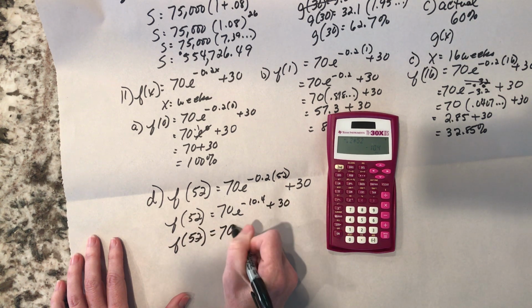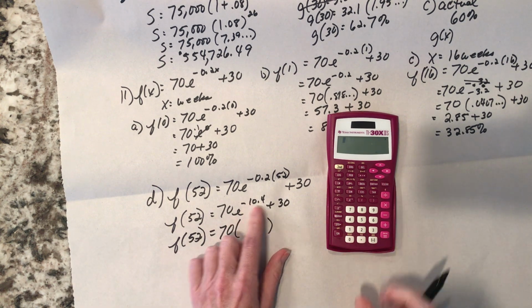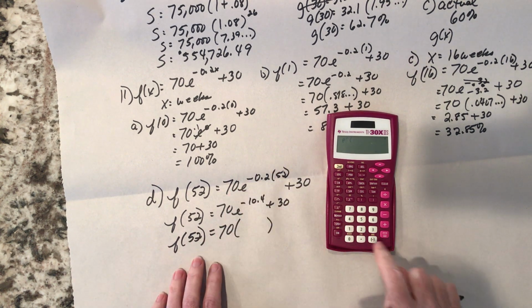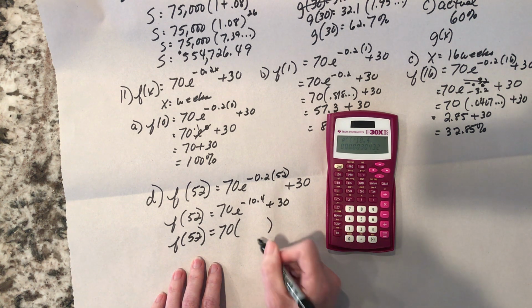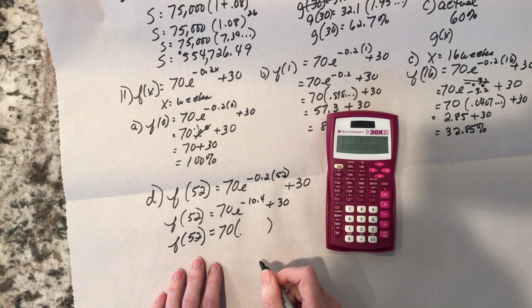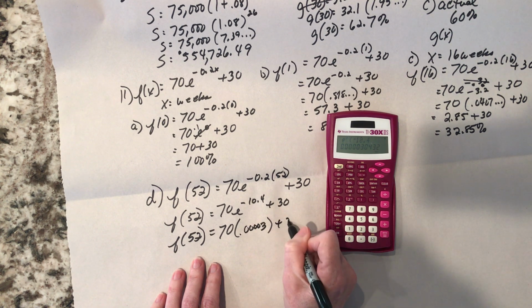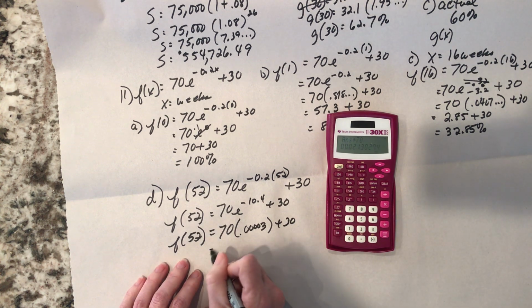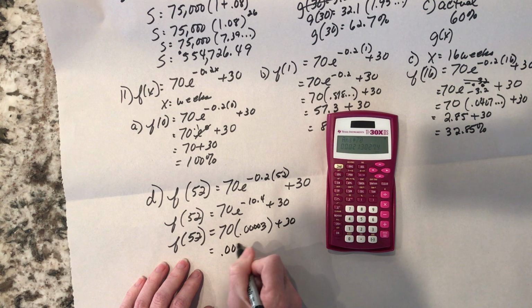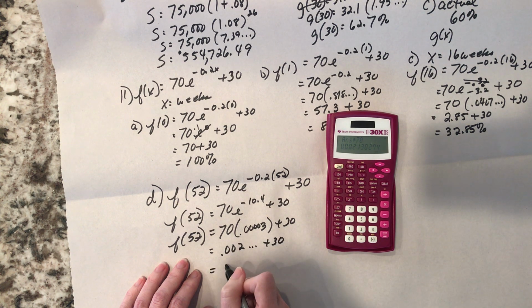So we're going to go e to the negative 10.4. Oh, decimal point, 4 zeros. Multiply that times 70. It gives us 2 decimals, plus 30. Add those together and you get barely more than 30.